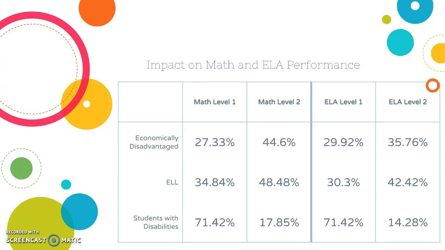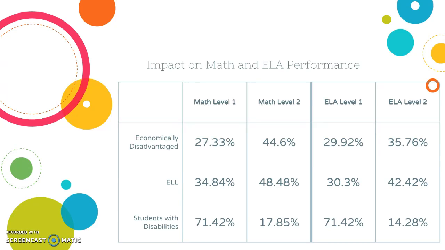For ELA, it was almost 30% performing in level 1, and almost 36% performing in level 2. Our ELL population for math performing in level 1 was 35%, and math level 2 was 48%. For ELA, 30% were performing in level 1, and level 2 we had 42%.